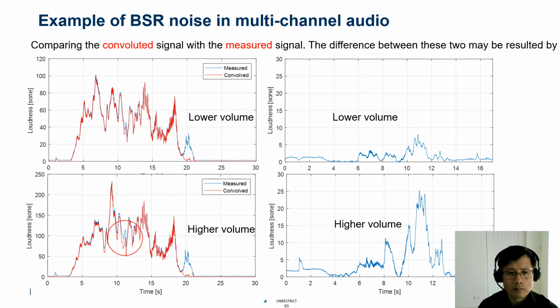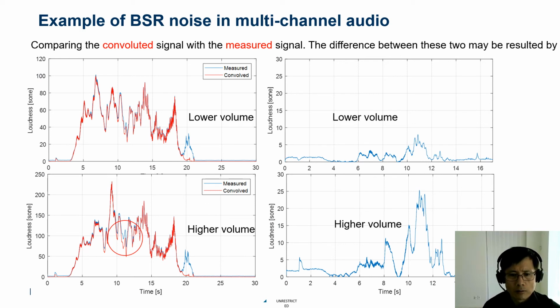The left-hand side figure shows the comparison between the total loudness of the measured signal and the total loudness of the linear part of the signal. When we look at the low volume versus the higher volume, the higher volume naturally increases the loudness, and around 10 seconds at the higher volume we can see that the difference between the measured and the linear response seems to increase.